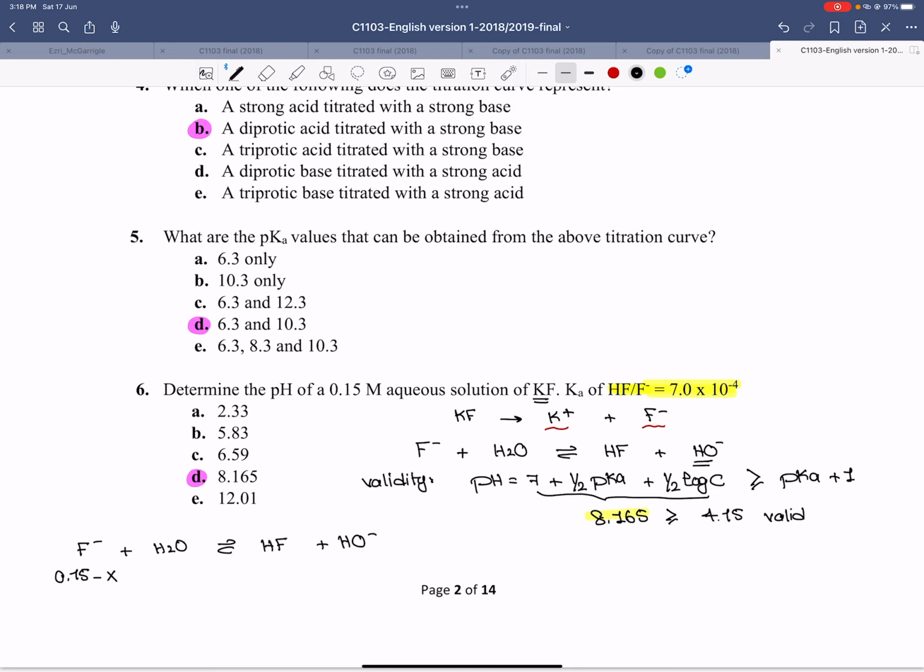H2O, we already know the concentration of it, and we already did the derivation for why it's not included. Basically your Ka is equal to x squared divided by 0.15 minus x. Find x, which is the concentration of HO minus. And if you have the concentration of HO minus, then your pH is equal to 14 plus log HO minus.